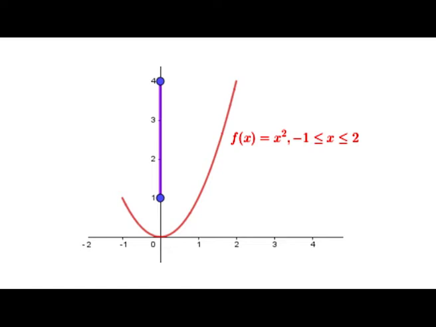Now f([a, b]) = f([-1, 2]), being the range of f when the domain is [-1, 2], is [0, 4]. This shows that f([a, b]) = [0, 4] is not contained in [f(a), f(b)] = [1, 4].